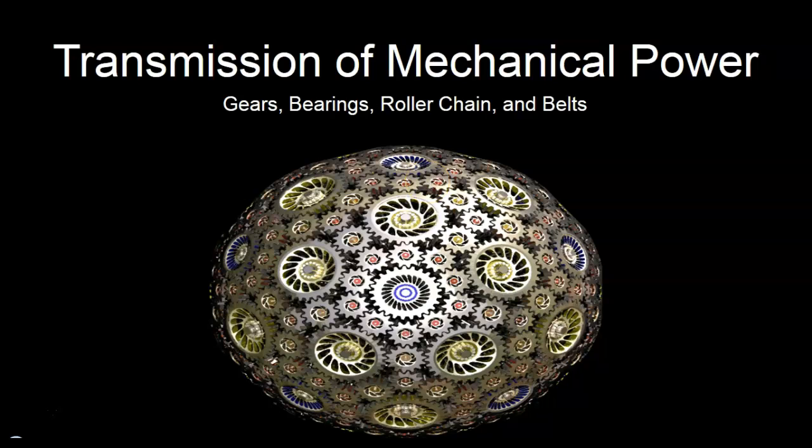Okay. So what we're going to look at today is the transmission of mechanical power, which is a very important part in mechatronics to understand. In fact, this was originally the way the term came out on mechatronics.